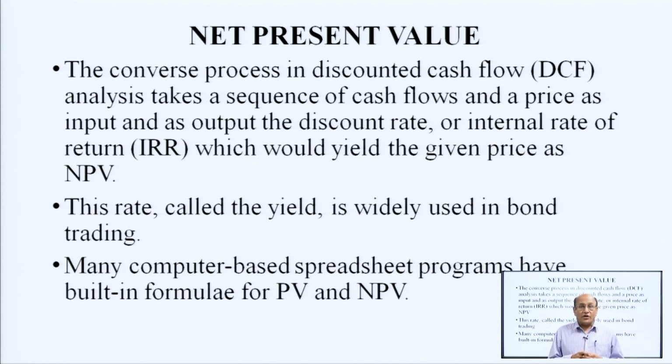This rate is called the yield and is widely used in bond trading. Many computer based spreadsheet programs have built in formulas for PV and NPV.